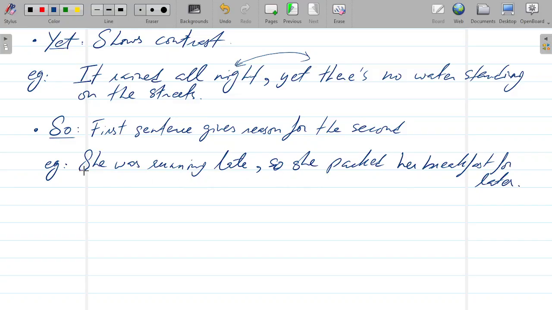And you can see right over here, I've repeated she because the mood or the flow of the sentence would be a bit odd if I didn't. She was running late, so packed. I mean, it could work, but from my experience and understanding, this sounds better than skipping.